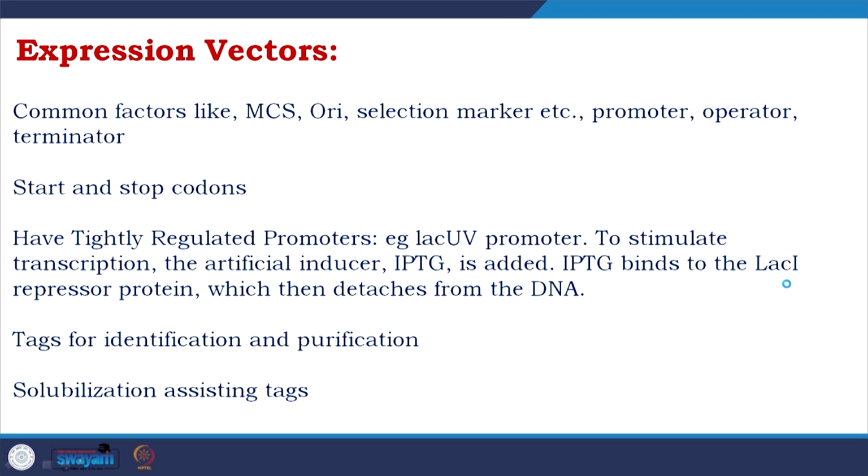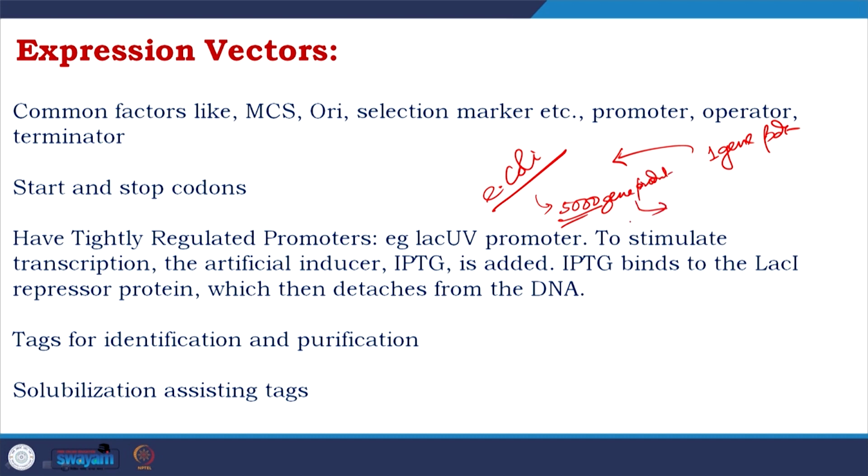That means, see, you are working with one gene product and you want that to be carried out in E. coli, but E. coli has its own 5000 gene products.